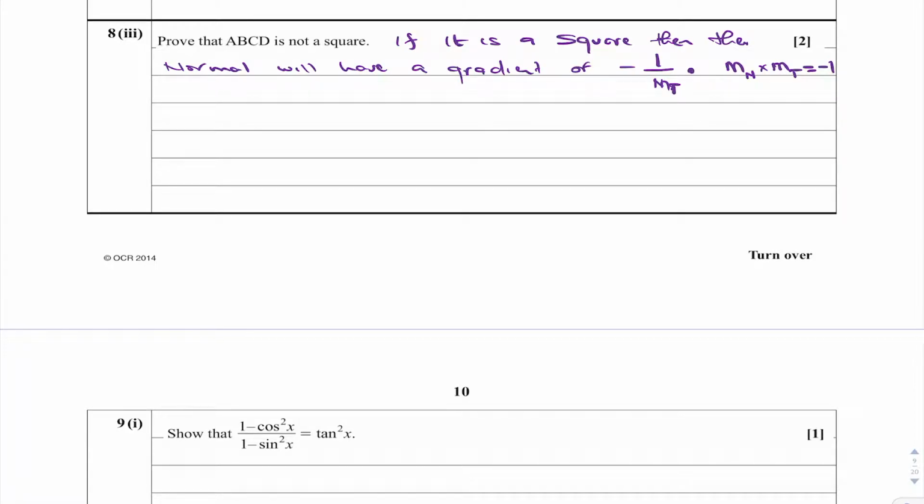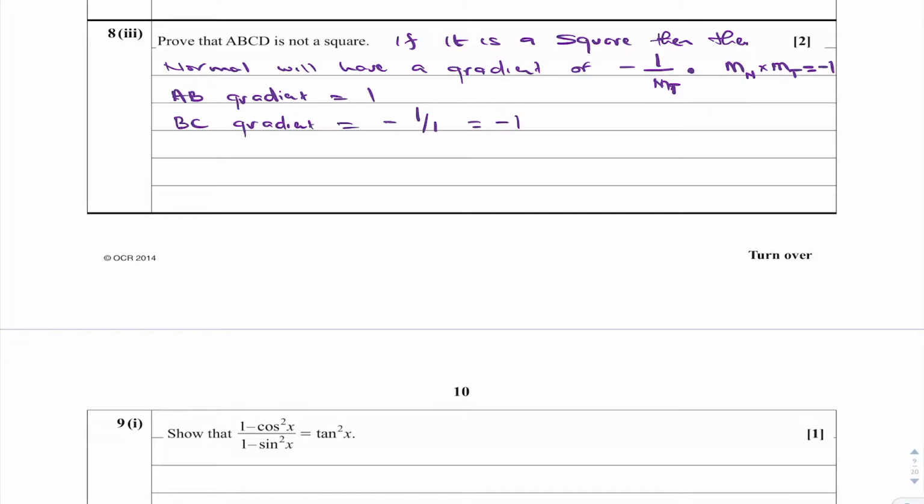So we need to find the gradient of AB. We know what that is. We've done it before. AB gradient equals 1. BC gradient must be, if it's normal, minus 1 over 1, which is minus 1.